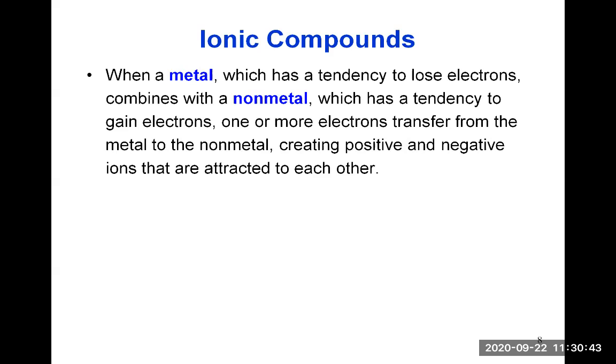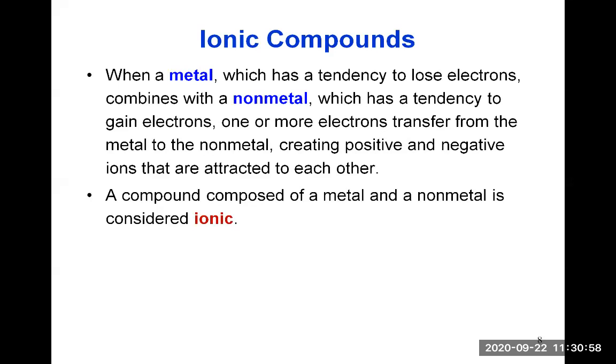We know that opposite charges are attracted, and so when you have a positive ion and a negative ion, they will be attracted. And that's how you can make an ionic compound. That's what typically happens between non-metals and metals.